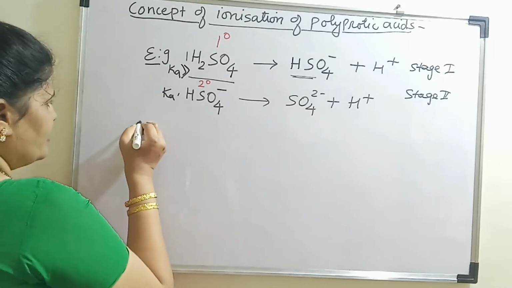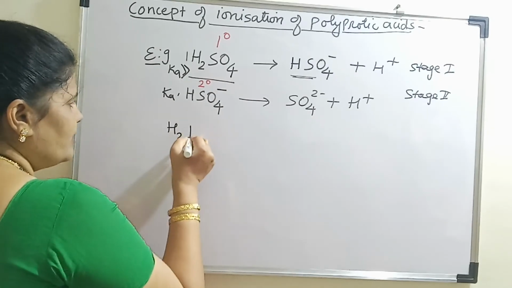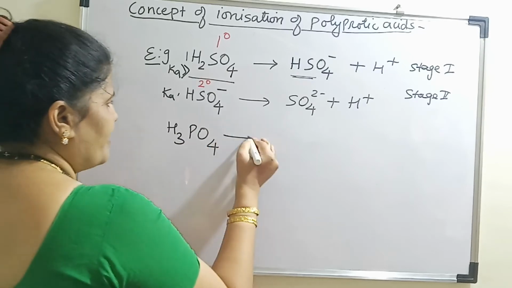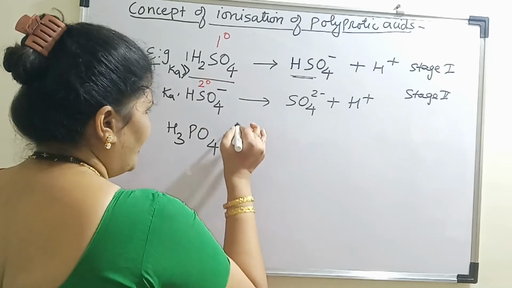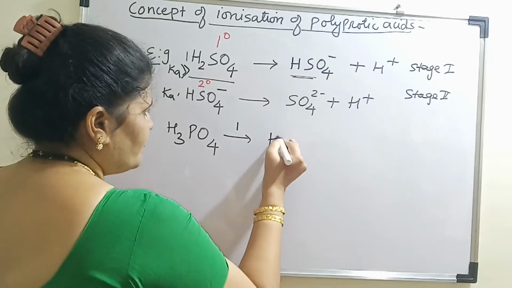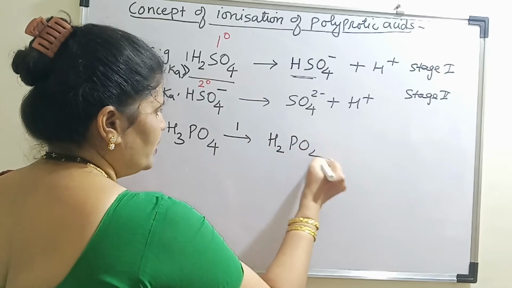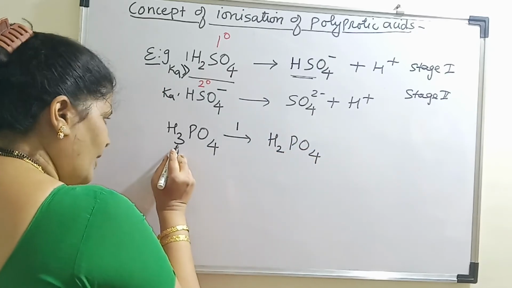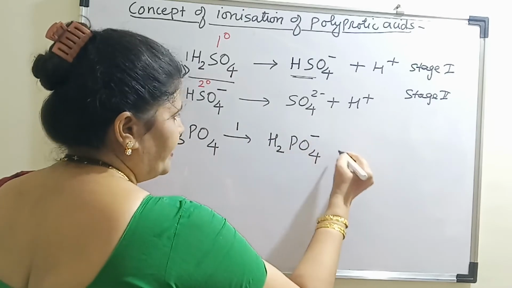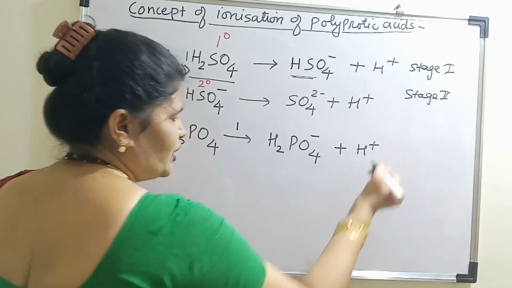Let us see the next example, students, and that is H3PO4. You can do this simultaneously. In stage 1, it will give me H2PO4 minus, since I am removing one H, plus H plus.